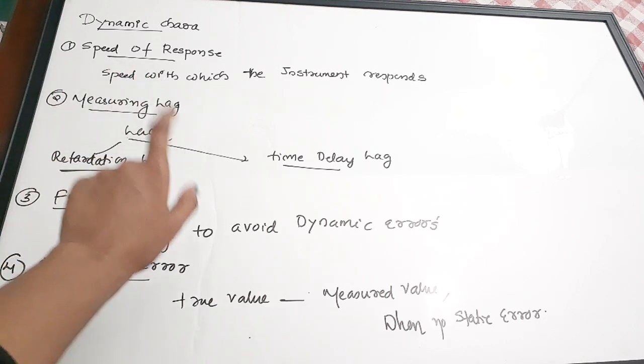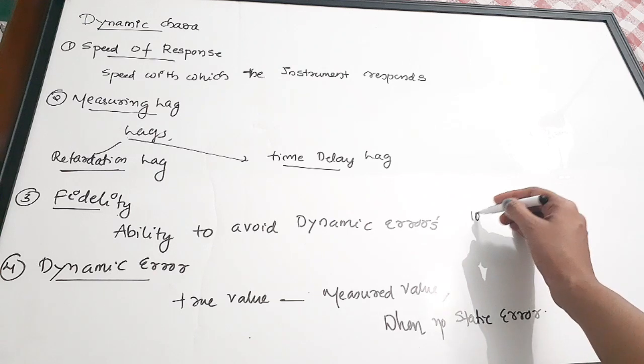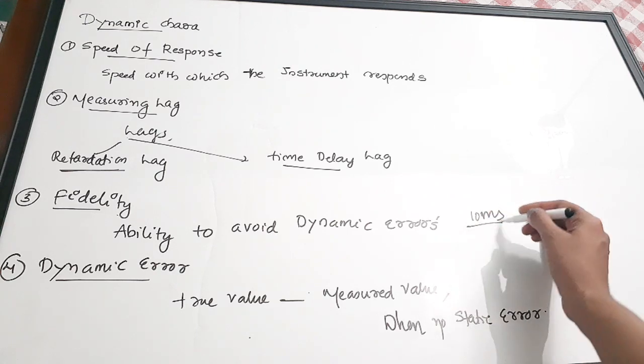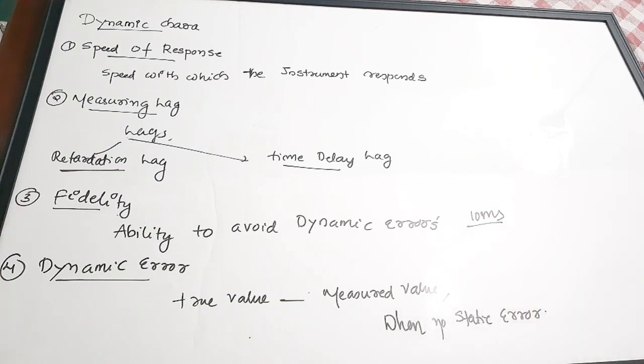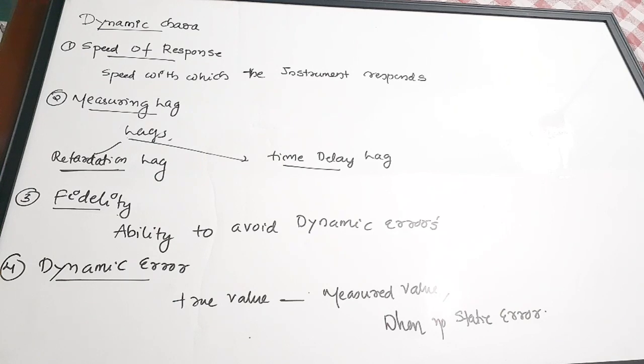The second one is time delay lag, where the response of the instrument begins after a dead time. So there is a dead time after which only it will give the output. Consider that there is a dead time of 10 milliseconds. Only after this time it will start producing the output. So that is the second type of lag.